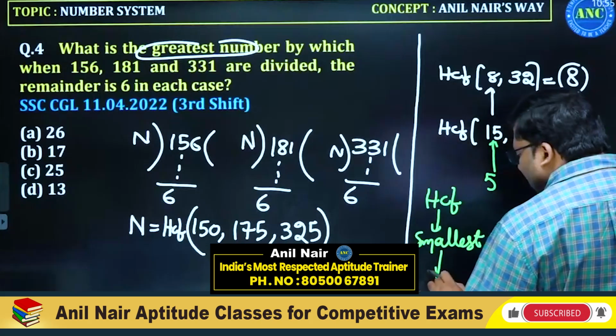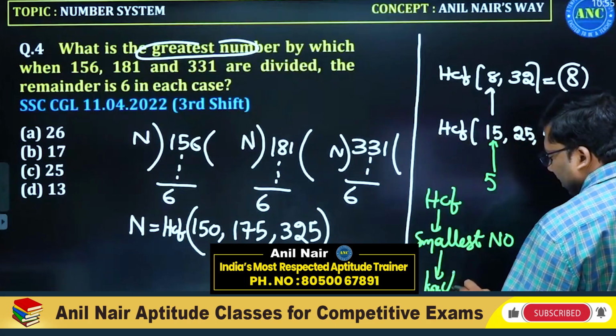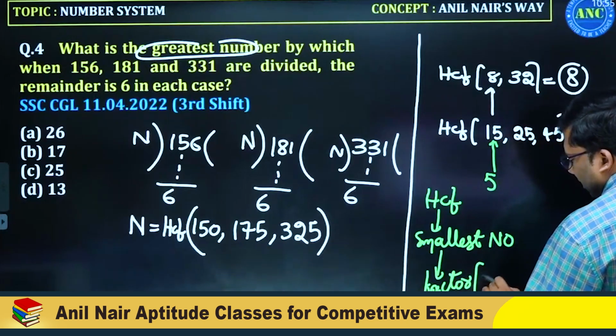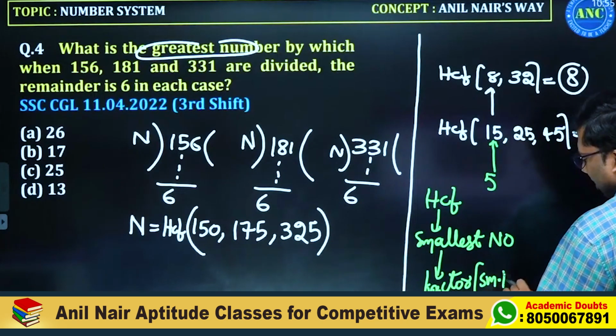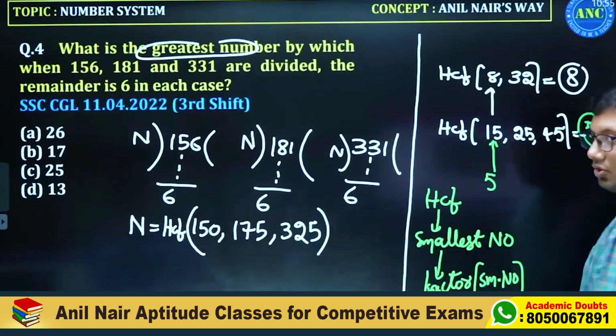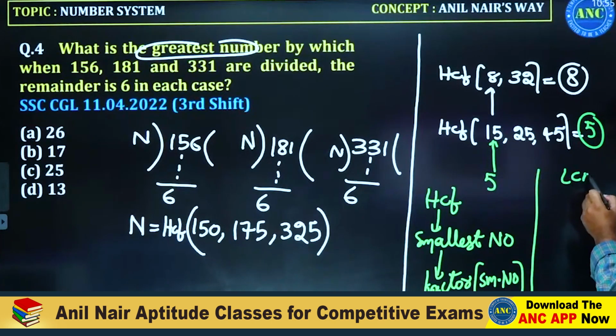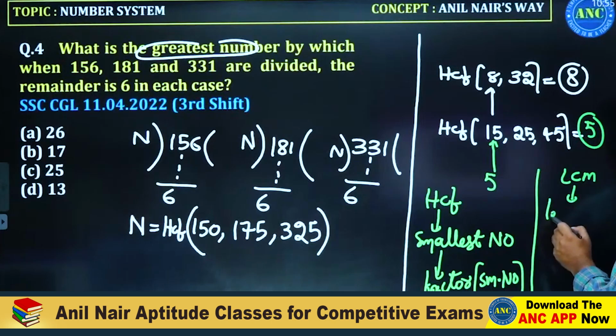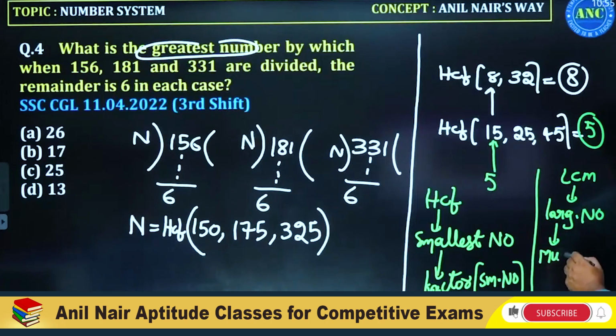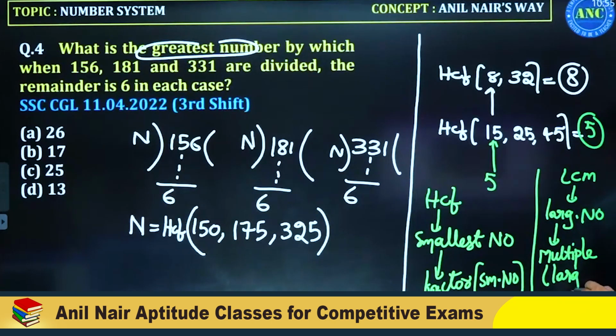If it is not dividing, you will take a factor of the smallest number. If it is LCM, you will concentrate on the largest number. If the largest number is not a multiple, you will take a multiple of the largest number.